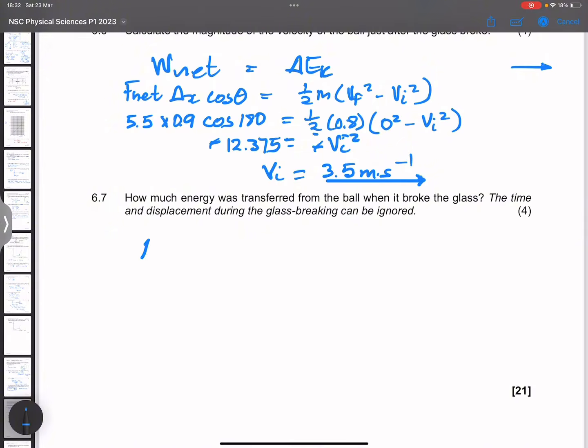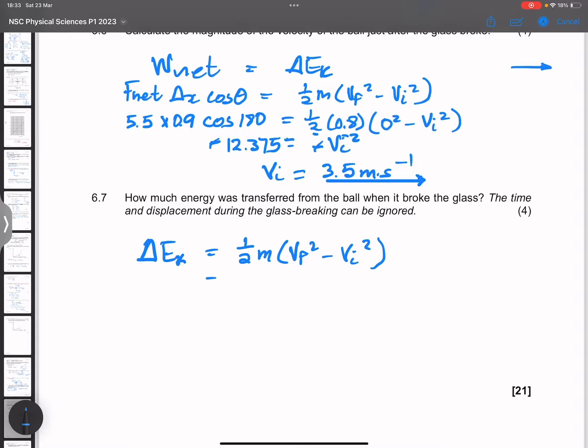So the change in kinetic energy is when it broke the glass. It had a kinetic energy before, so that's half m Vf squared minus Vi squared.